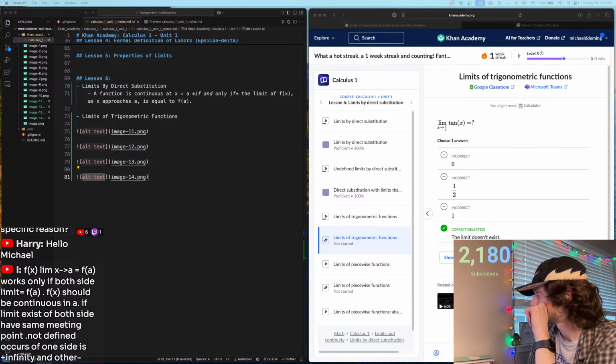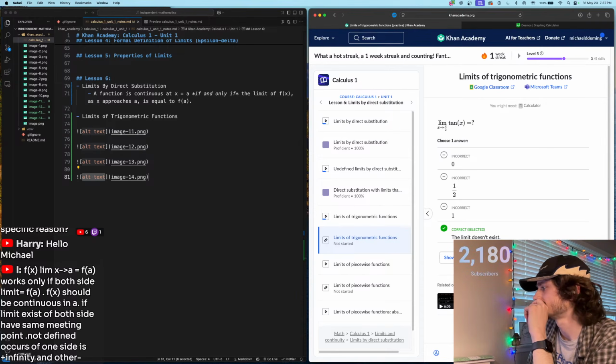There's usually two reasons the limit doesn't exist: oscillation, or left and right limits disagree. Look for discontinuities like asymptotes in the graph. Graphing or mentally sketching helps in understanding how trig functions behave.